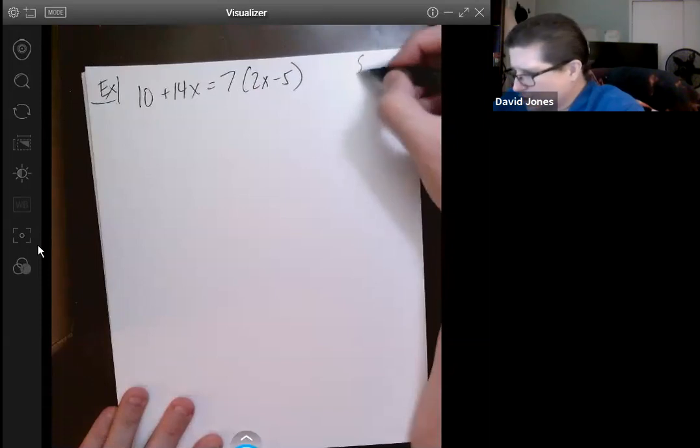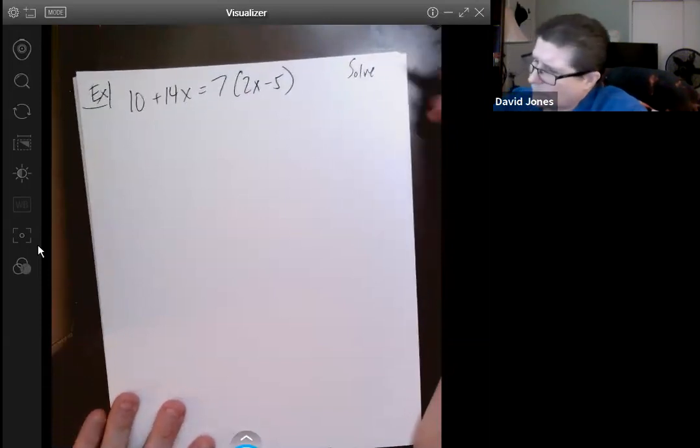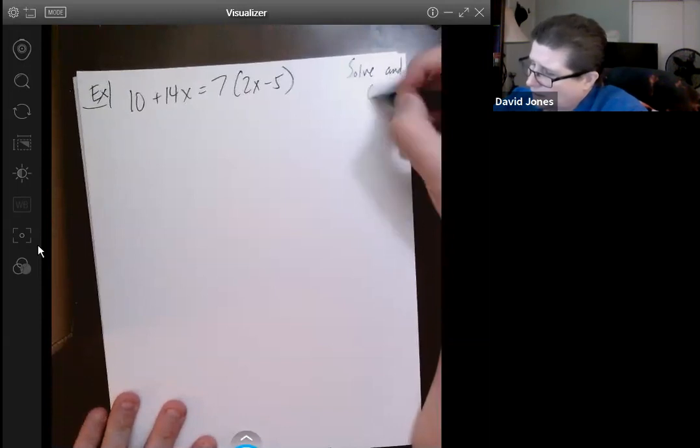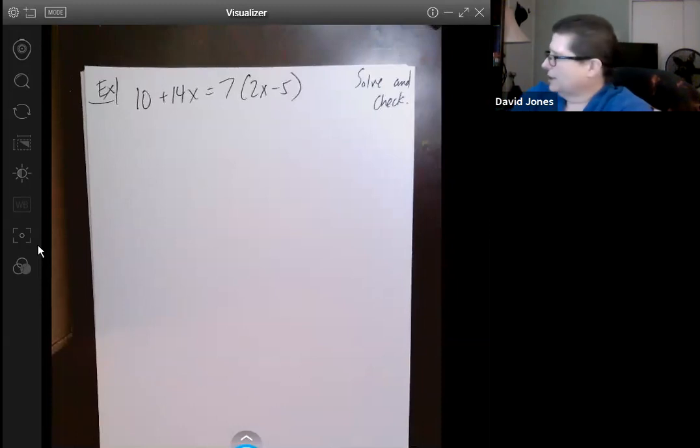So solve and check your work. So I would pause it and try to work that out. See what you come up with. I'm going to assume you paused it.